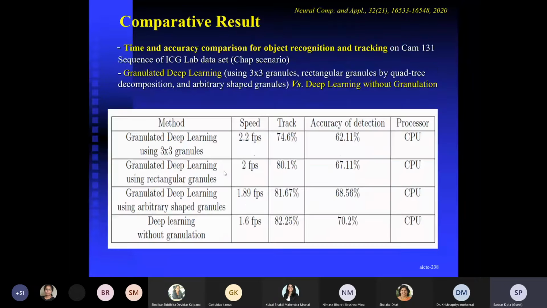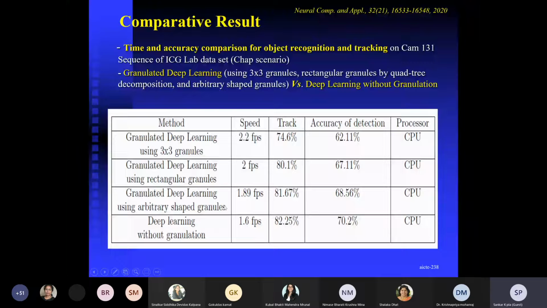So here see the comparative result of granulated deep learning using 3 by 3 square granules, granulated deep learning using rectangular granules, which are regular shapes, and deep learning using arbitrary shaped granules, that is by region growing, and it is without granulation.